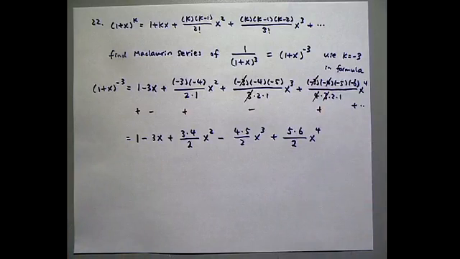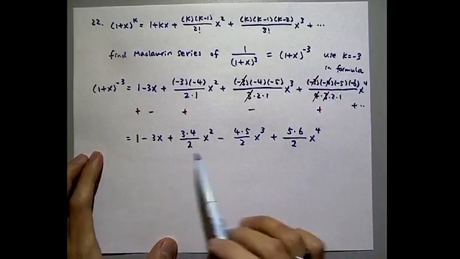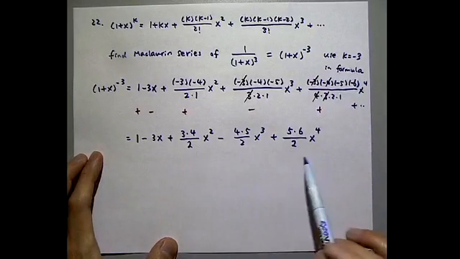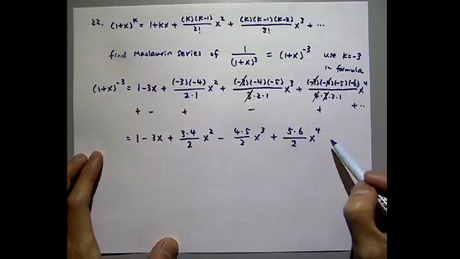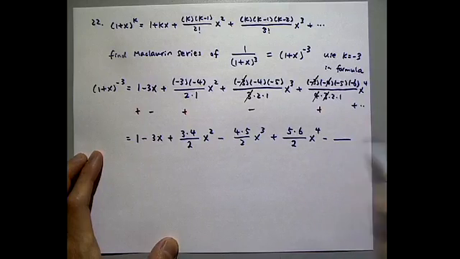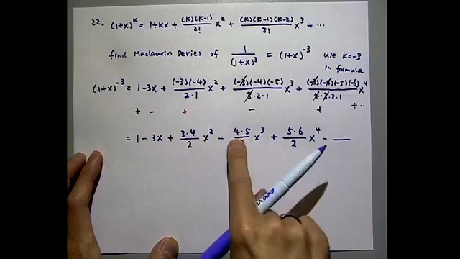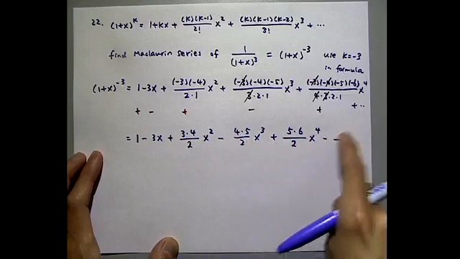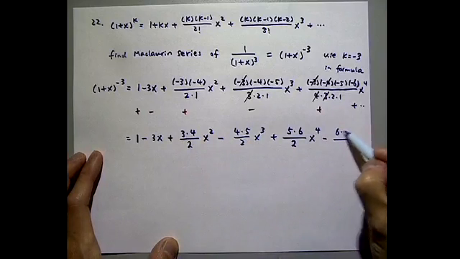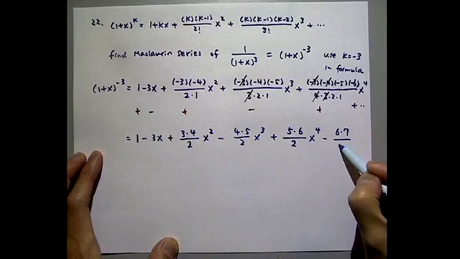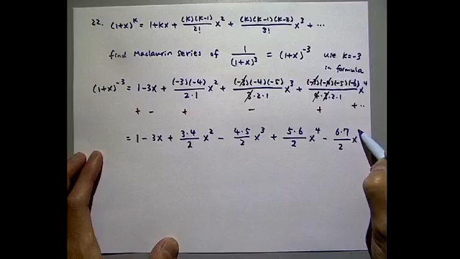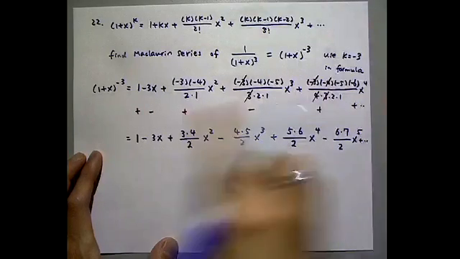Right? And a pattern is starting to emerge here. So what do you think the next one would be? It'll be a negative. What would be in the numerator? Yeah. 3, 4, 4, 5, 5, 6, 6, 7, right? 6 times 7 over 2 x to the 5th. And so on.